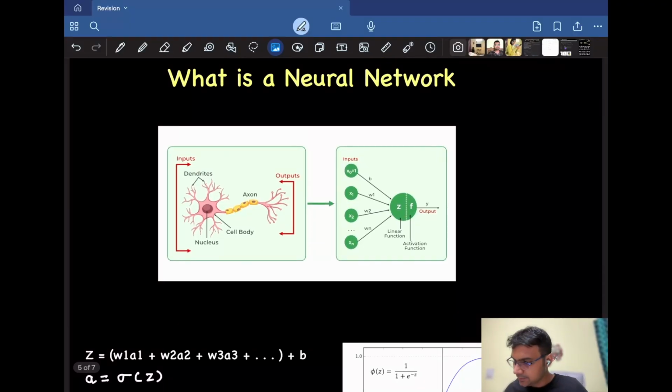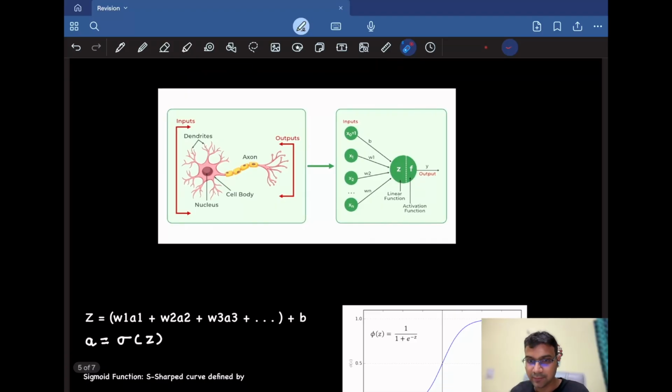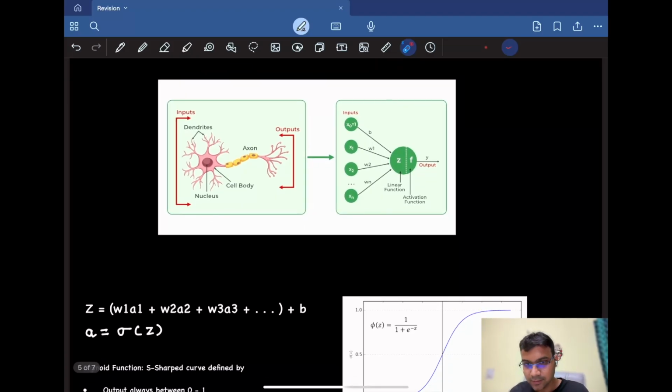Let's start with understanding what a neural network is. In a neural network, the fundamental entity is a neuron. The inspiration is derived from the neurons that are there in the brain. In the brain, there are billions of neurons which are interconnected, and when some event happens in the outside world, these neurons fire up.